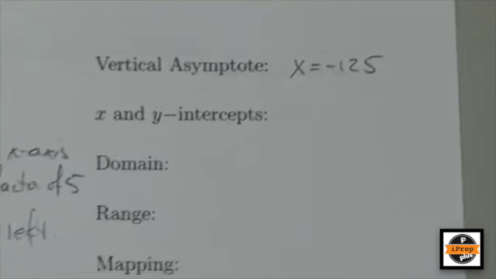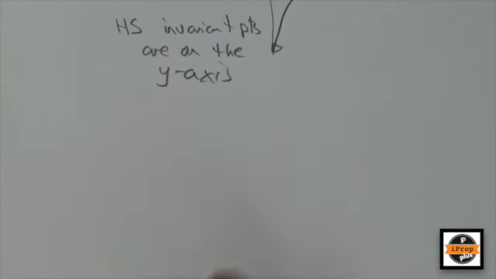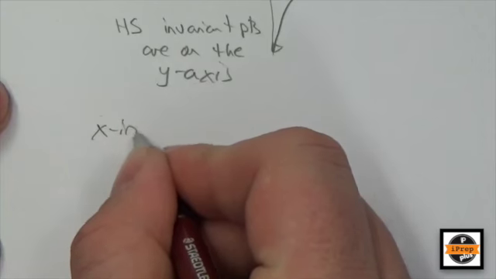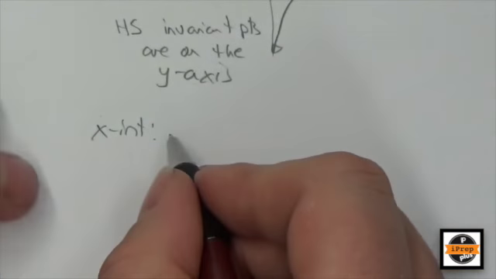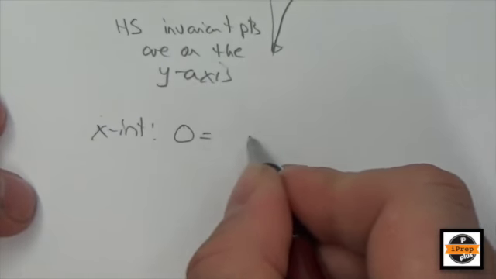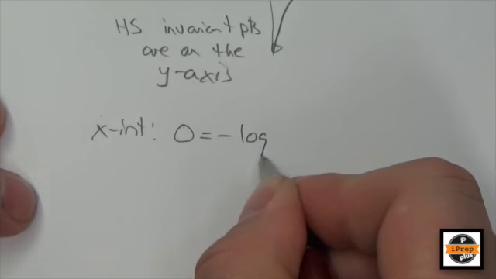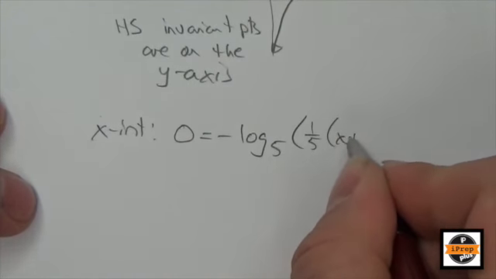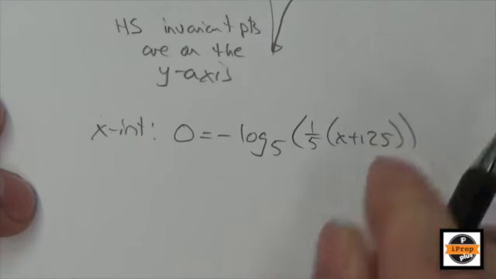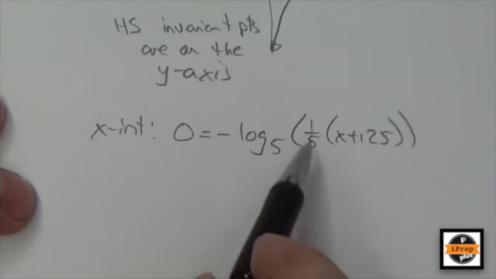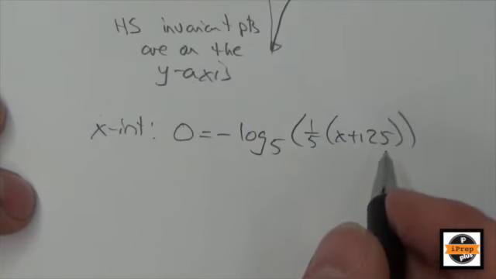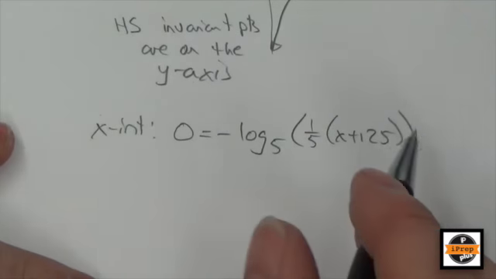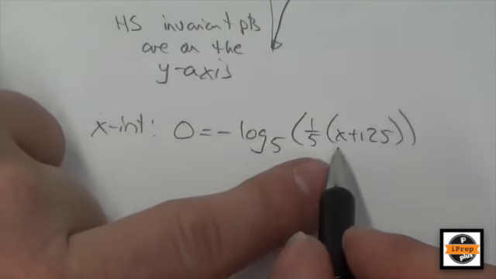Now let's take a look at the x and the y-intercepts. For the x-intercepts, as we did in the previous question, we're going to create an equation by making the y equal to 0. I'm going to use my adjusted equation here, the one where I factored out the 1/5. What I need to do is work my way in towards that x.